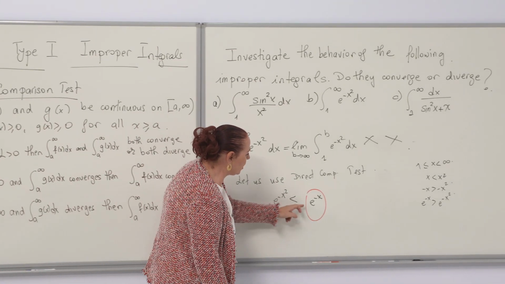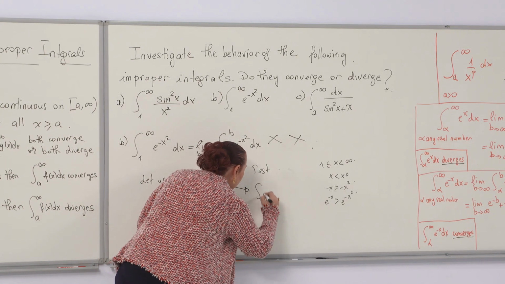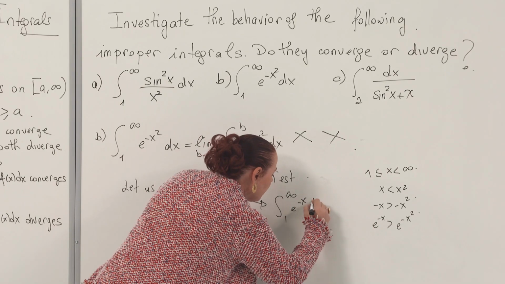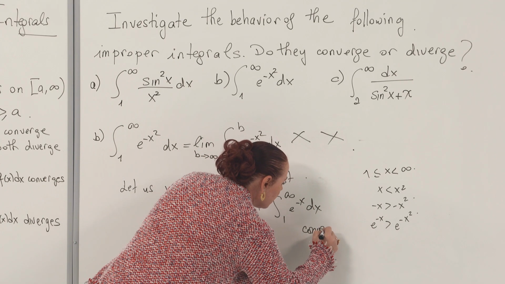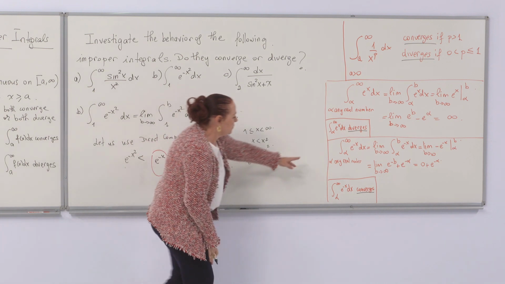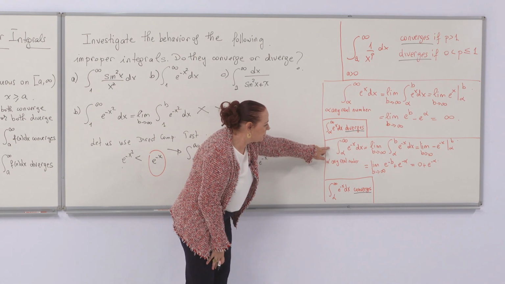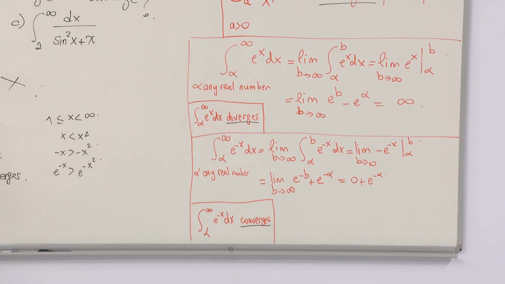So, what do I know? From 1 to infinity, e to the power minus x converges. Why? It's here why, because there is an answer to the limit.